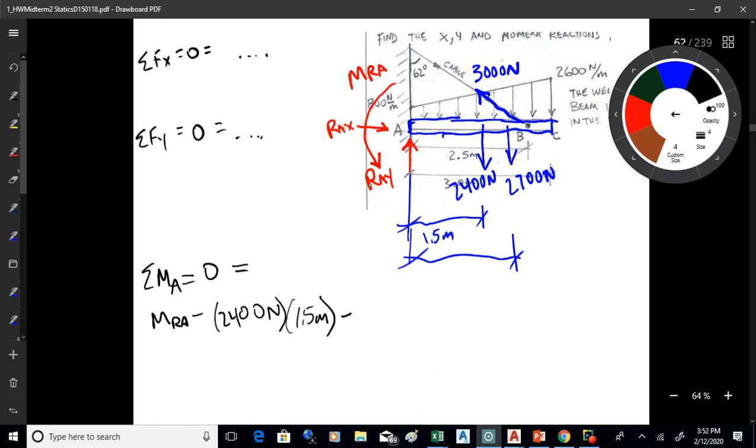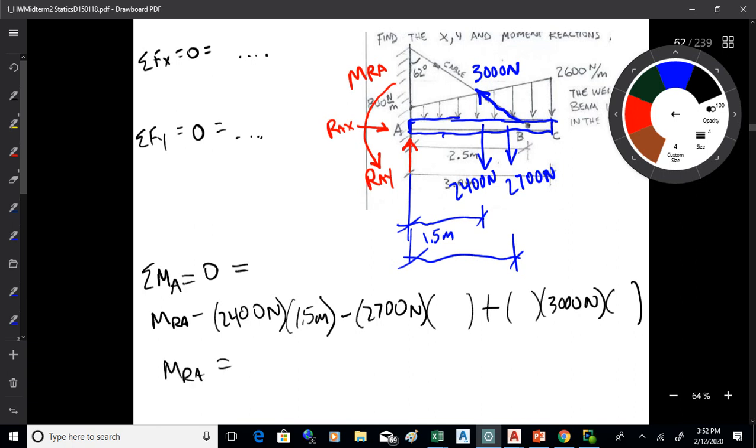And then I'm going to have minus 2,700 newtons times whatever that moment arm is there. And then I'm going to have to deal with that 3,000, aren't I? Like so. And that will allow me to solve for MRA, I think.